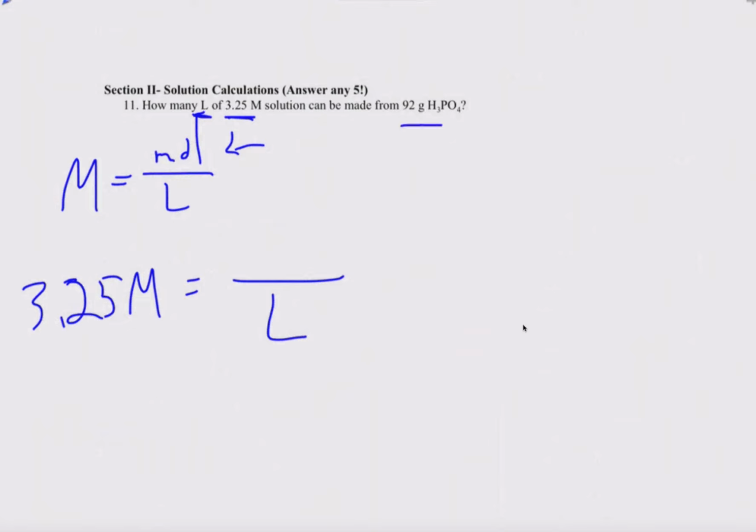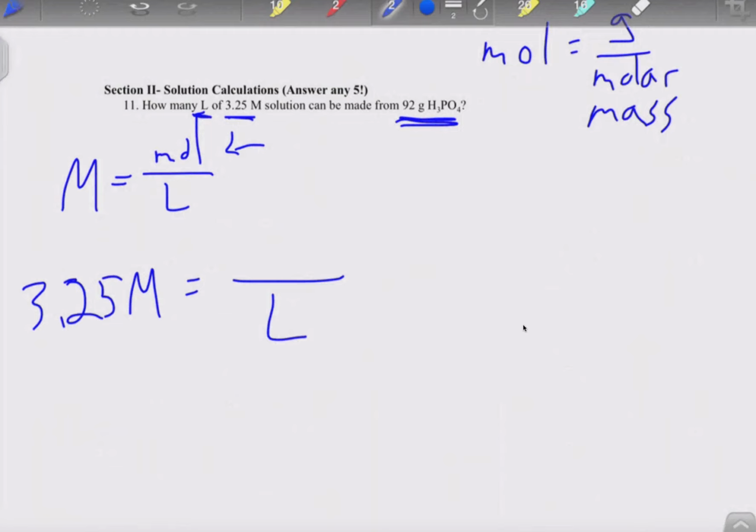What I do have, though, is grams, and the number of moles equals the number of grams divided by the molar mass. So I need to calculate the molar mass of the phosphoric acid. It's a hydrogen plus a phosphorus plus, sorry, 4 oxygens.